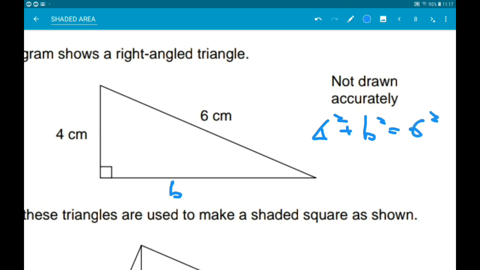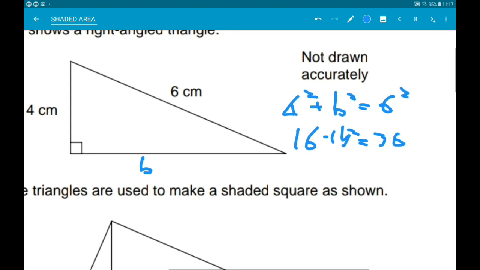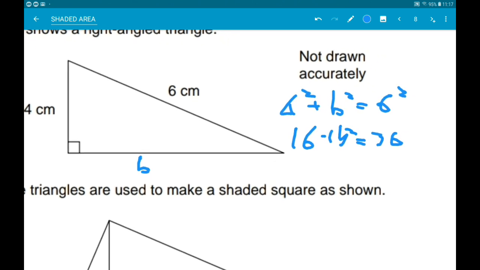Okay, so that gives us 16 add B squared is 36. So B squared is 20, which means B is root 20.